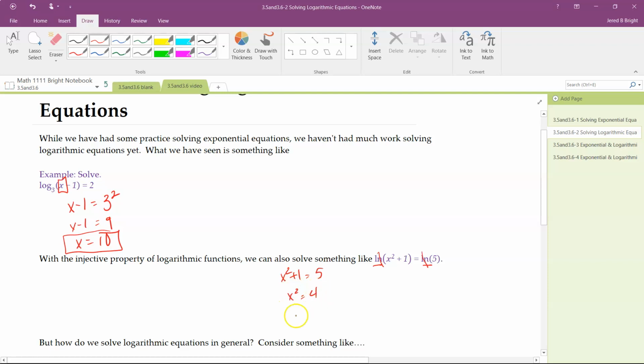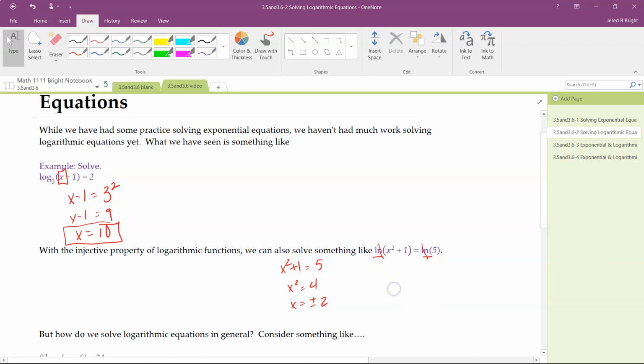X squared is equal to 4, and then x is equal to plus and minus 2. Remember, if you introduce a square root, you need a plus and minus. Then we should check this and all that good stuff, and it ends up working out. So we've seen a couple different types of equations so far: use a definition from logarithmic to exponential and use that injective property.